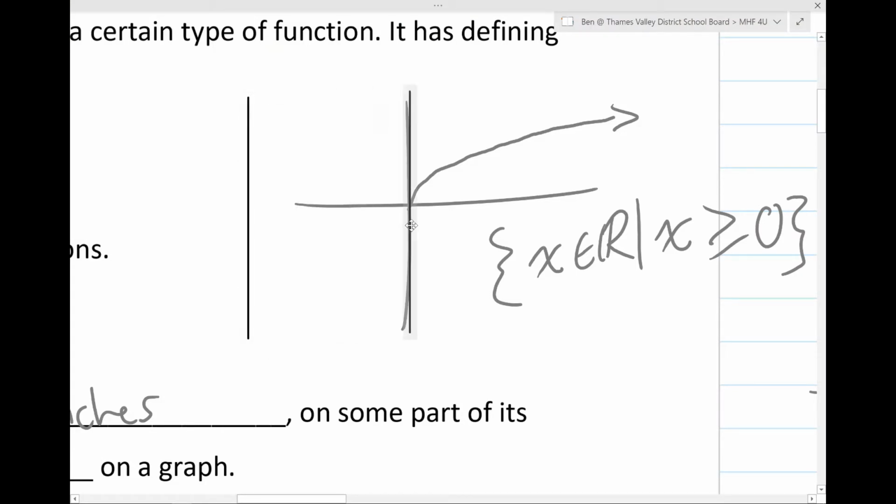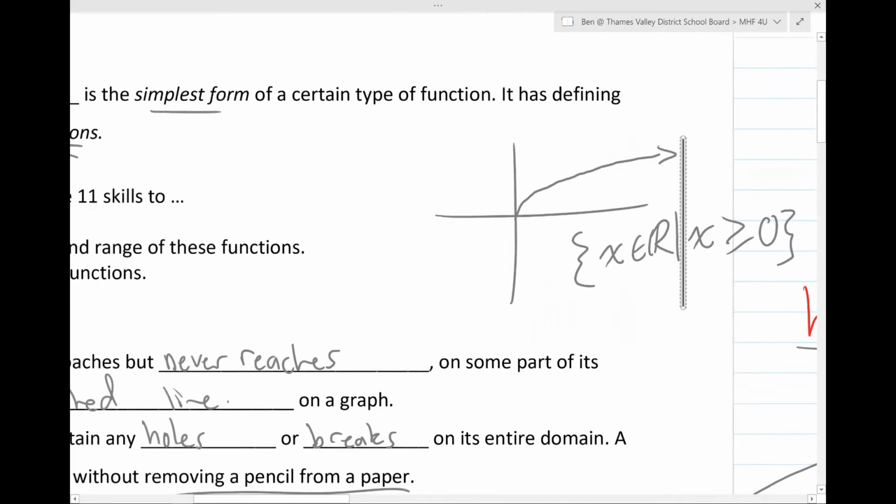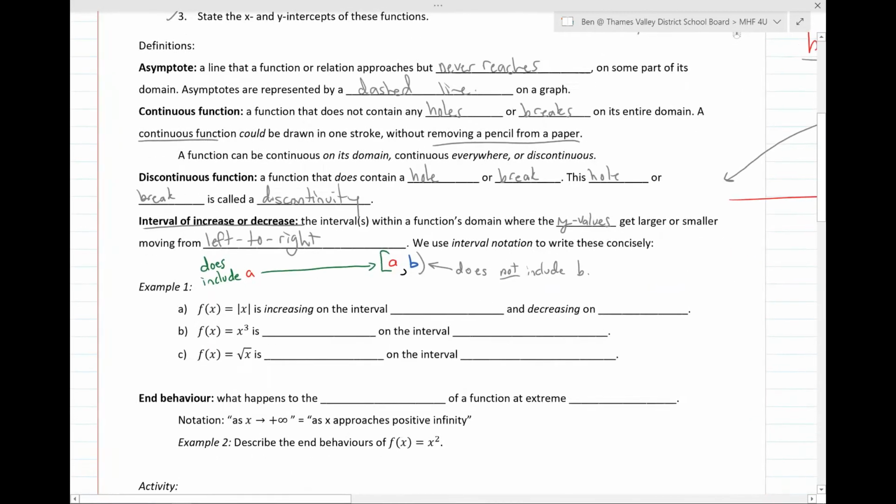If I'm pulling this across my function from left to right, I ask myself if the y values of my function are increasing or decreasing. I can see that my function is getting higher and higher on my line. So the y values are increasing, telling me that this has an interval of increase for its entire domain, from x equals 0 to x equals infinity.